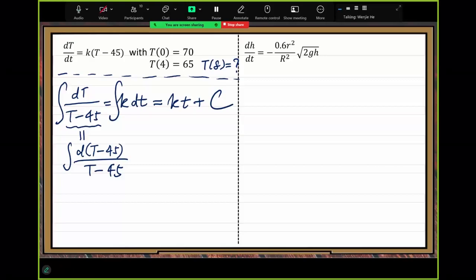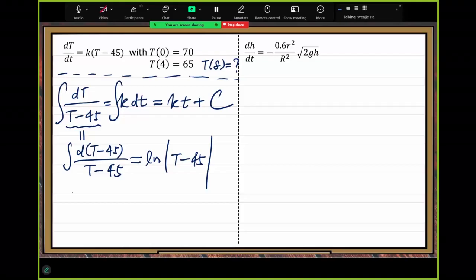So that's why we make this up. When the parenthesis inside d is the same as the denominator, then we can apply that logarithm formula, natural log, right? Natural log, but don't forget absolute value. Capital T minus 45.